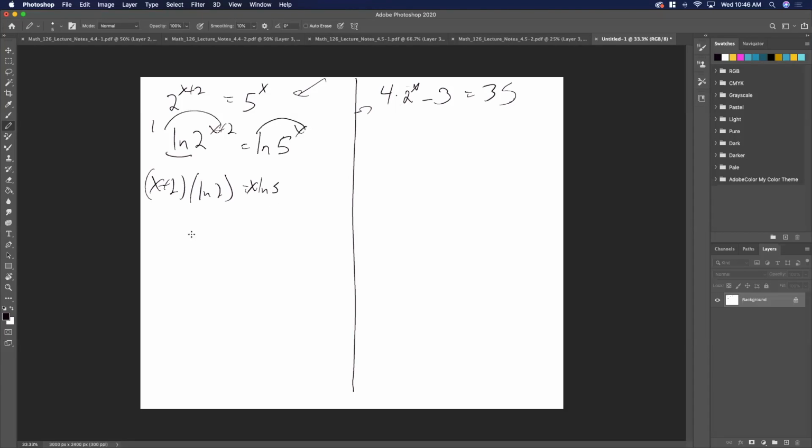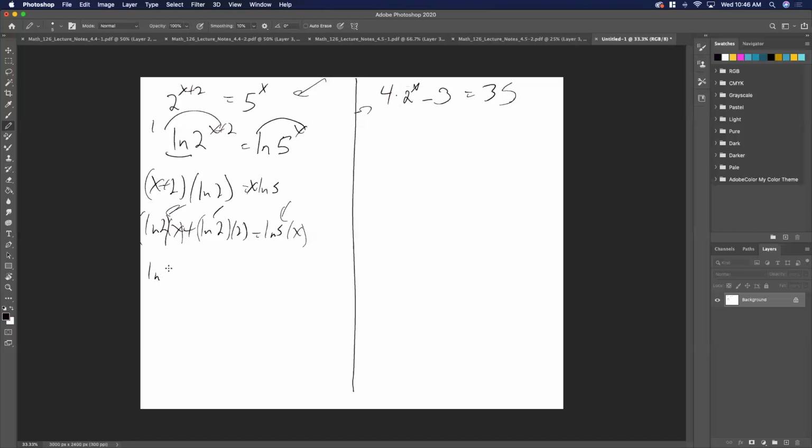Then here we're just going to distribute. So I'll have ln of 2x plus, I'll write it this way. So some number times x times ln of 2 times 2 equals ln of 5 times x. Technically, if you crunch in the numbers here, you could run it through, but it's safer just to wait to the end.